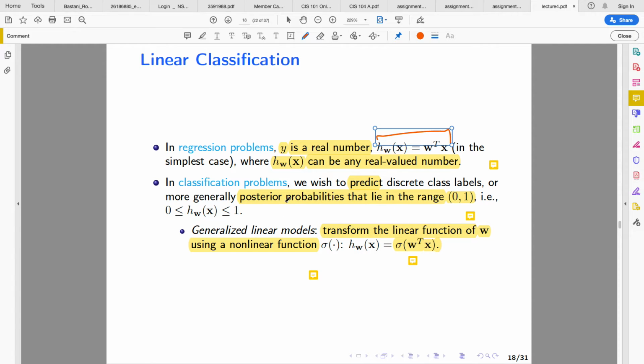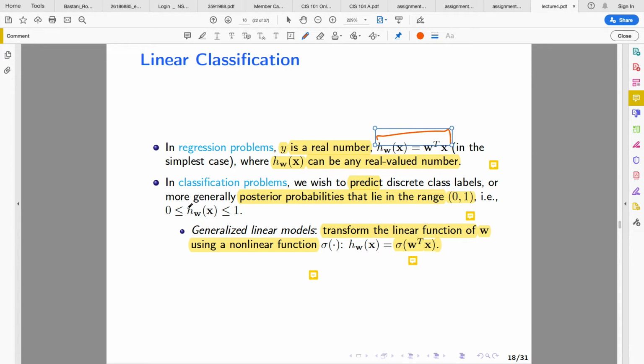Now, in a classification problem, we want to predict discrete class labels. So we're not predicting a number, unlike in linear regression. For us to do that, we have to bring in a notion of probabilities. More generally, probabilities lie in the range of 0 and 1.